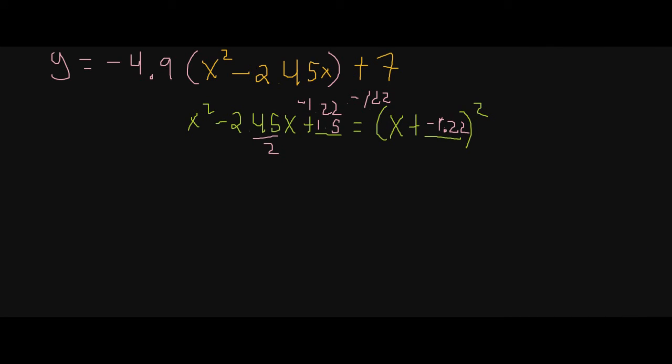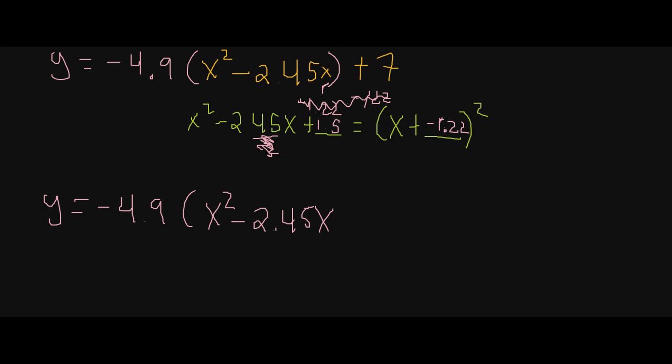Okay. Perfect. So now we know exactly, right? So maybe I'll just get rid of this so it doesn't distract us. Now we know what's the number we want to add inside here. So we're going to get y is equal to negative 4.9 times x squared minus 2.45x plus, well, 1.5 minus 1.5 multiplied by the dilation, the number that was in front here, so negative 4.9.